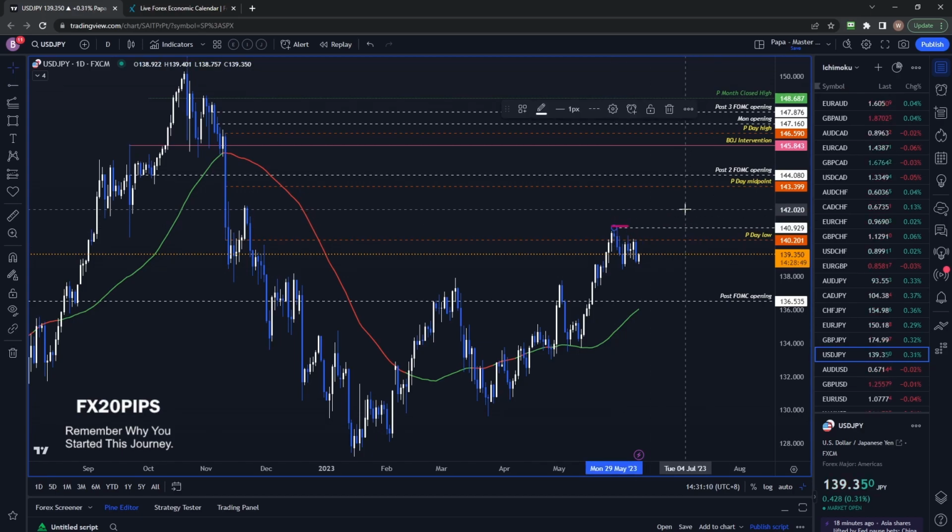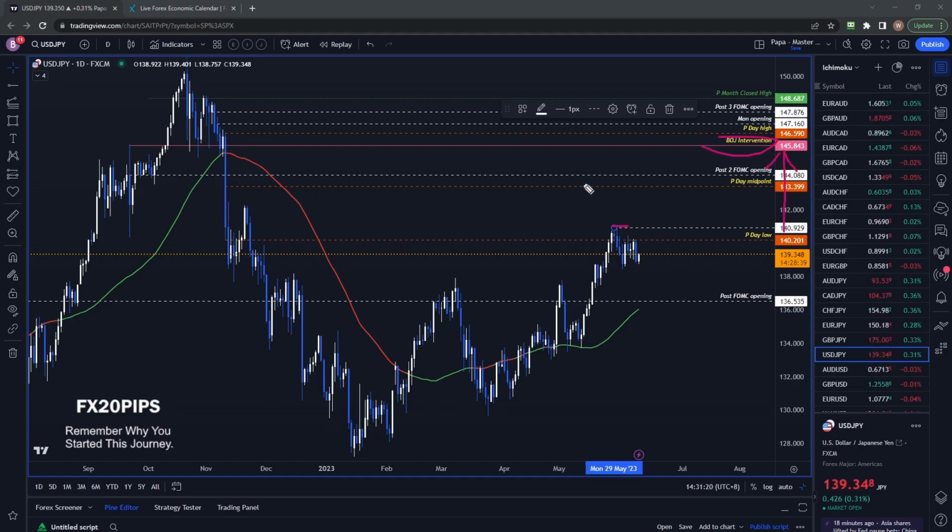So people tend to be worried as it gets nearer to 145, because the Bank of Japan will intervene again. You see the spike here. When the Bank of Japan intervenes, that means they want to drop the value of USD JPY. They want to strengthen their own money, so they will sell US dollar.